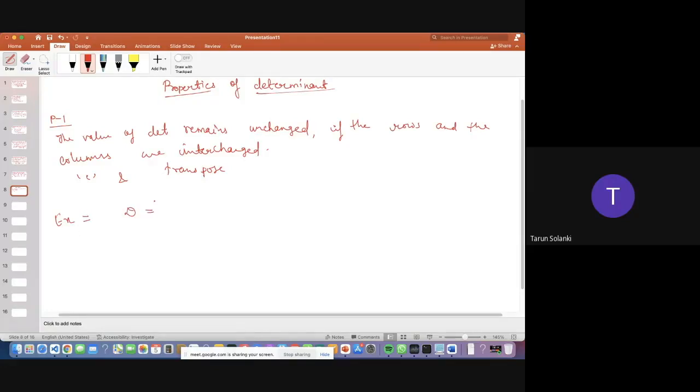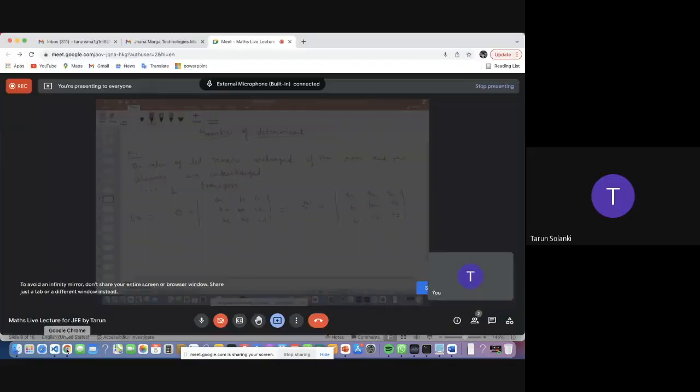Let D equal A1, A2, A3, B1, B2, B3, C1, C2, C3. So that is equal to D dash, which is the transpose: A1, B1, C1, A2, B2, C2, A3, B3, C3. This thing you need to remember: its value does not change.